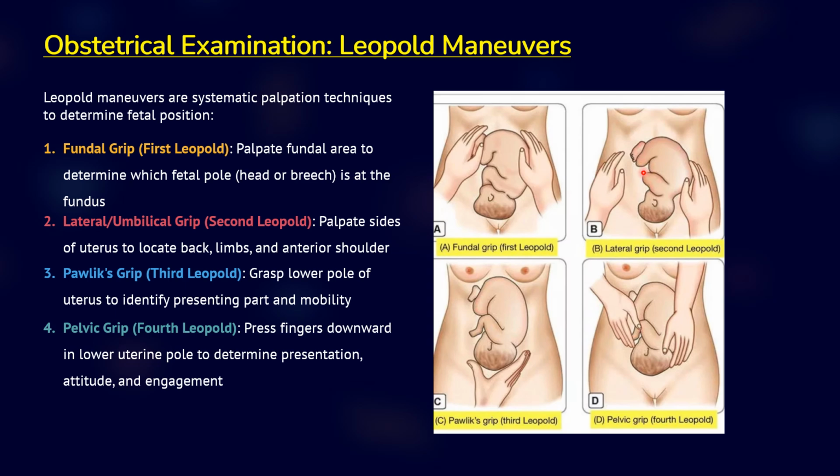Okay, in the pawlik grip, why do we do it? We identify the presenting part and the mobility of that presenting part. Okay, pelvic grip, here we check, if the presenting part is the head, whether it has been engaged or not. Okay, so that is the pelvic grip.